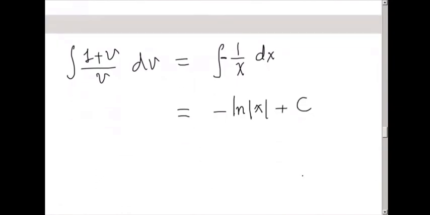What about the antiderivative of the left side here? How do we do that? You can pause the video and try to do it. What we can do is to divide out. So we separate 1 plus v over v into 1 over v plus v over v.